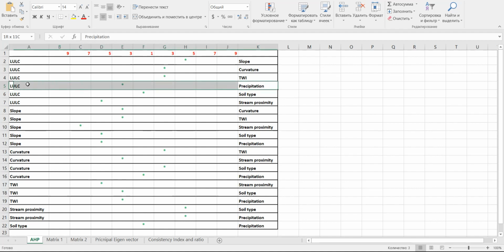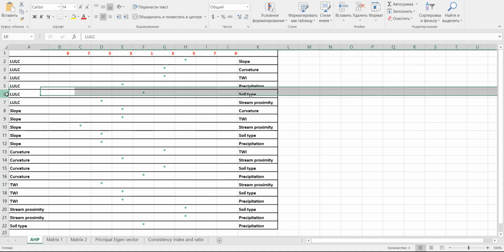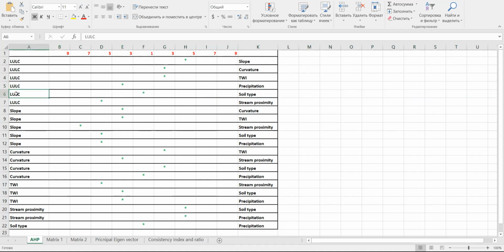But in my study area, land use and land cover is more important, because I have different land cover classes which have a totally different proclivity to erosion.